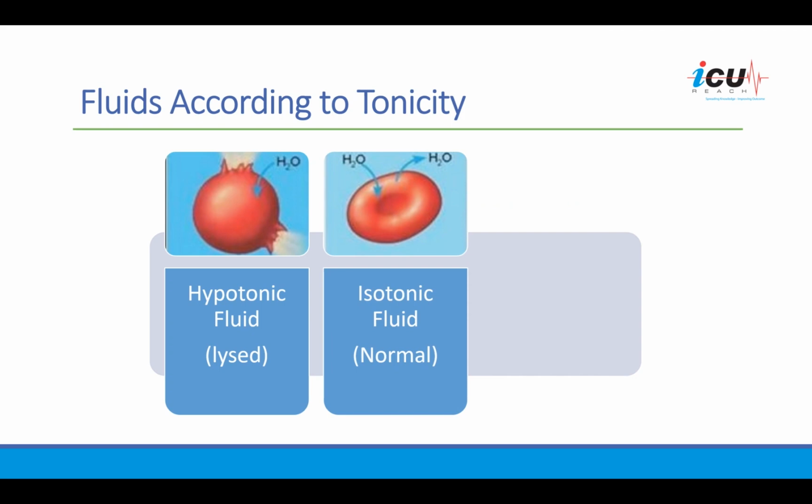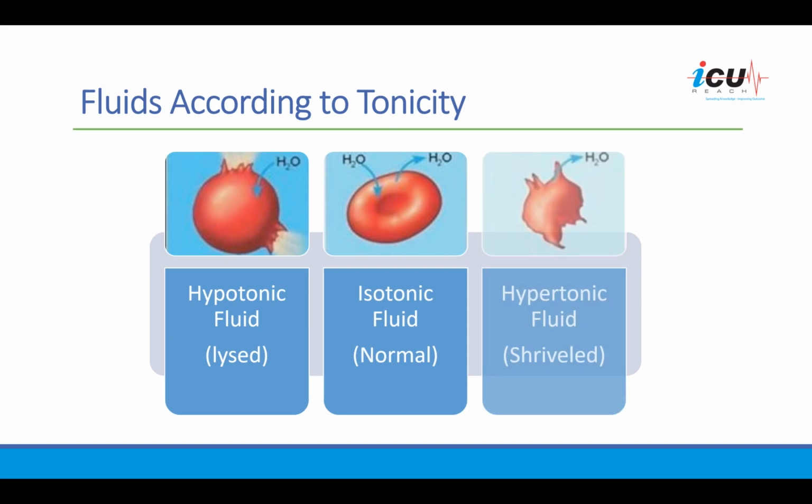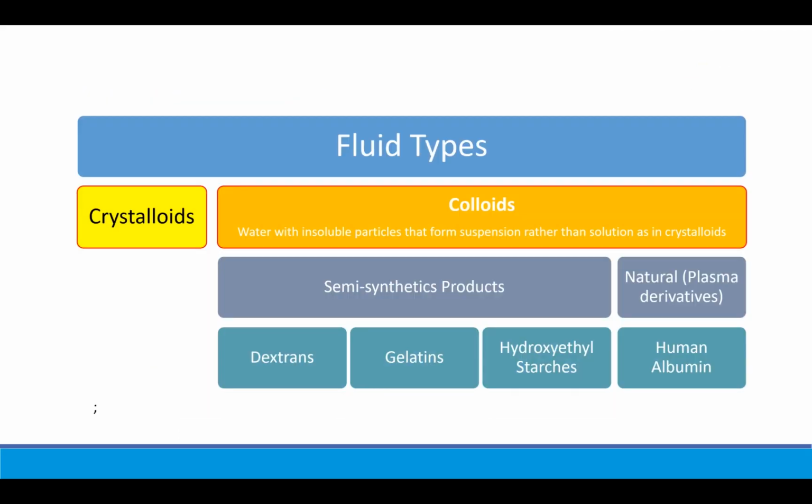You're going to maintain the shape of the RBCs with isotonic fluid, and the RBCs will be shrunken with hypertonic fluid. On the other hand, colloids are solutions that contain water with insoluble particles and form a suspension rather than a solution as in crystalloids.